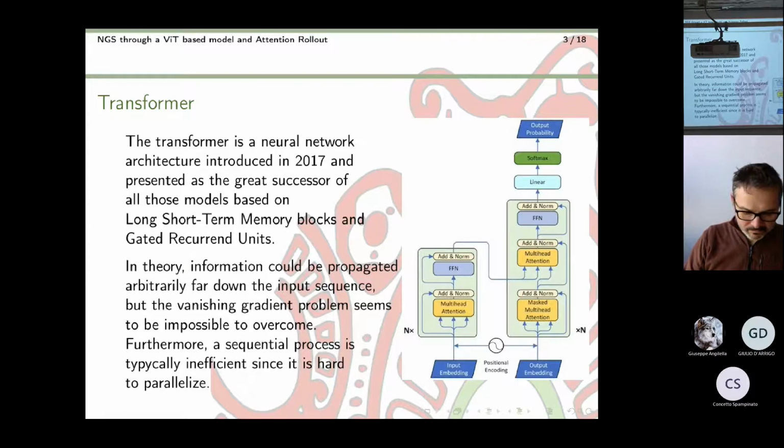Okay, here comes the artificial intelligence part. So I will be presenting a vision transformer based model. I would like to spend some words about what a transformer is. First of all, the transformer architecture was first introduced in 2017, and it was presented as the great successor of all those models based on long short-term memory blocks and gated recurrent units.